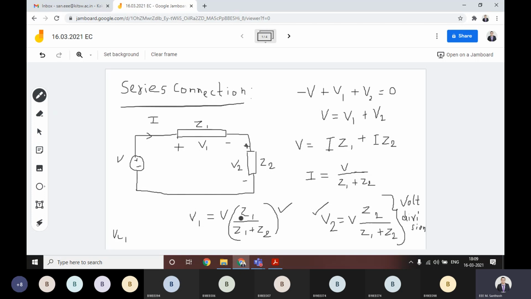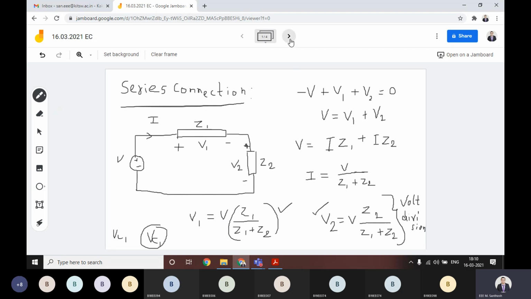Why? Because the inductance is also the same, right? What about the capacitance VC1? VL1 we will get V into L1 by L1 plus L2, VL2 V into L2 by L1 plus L2.